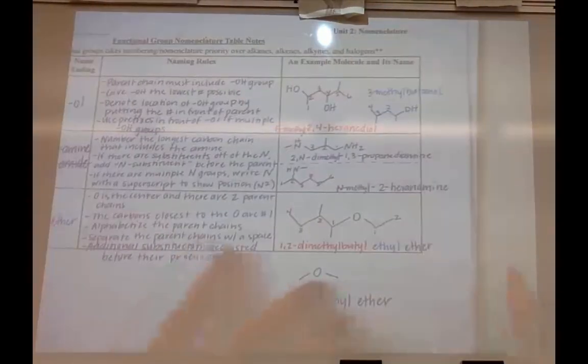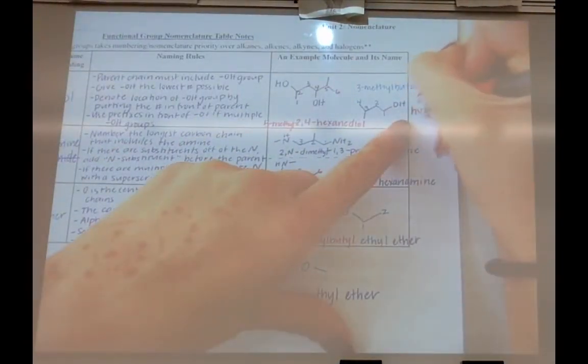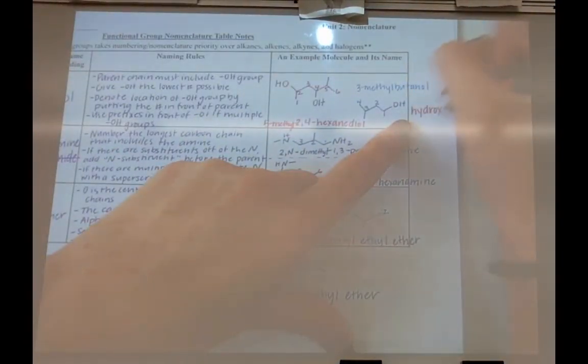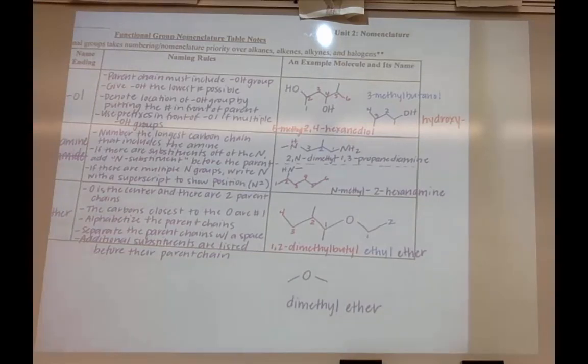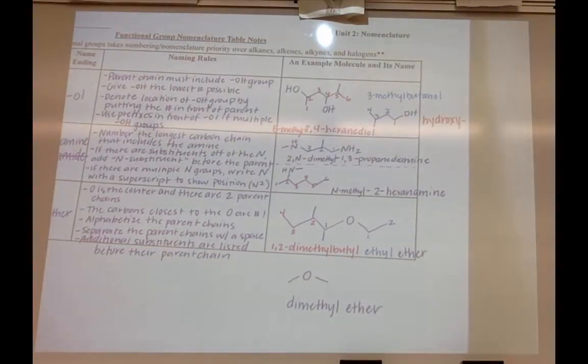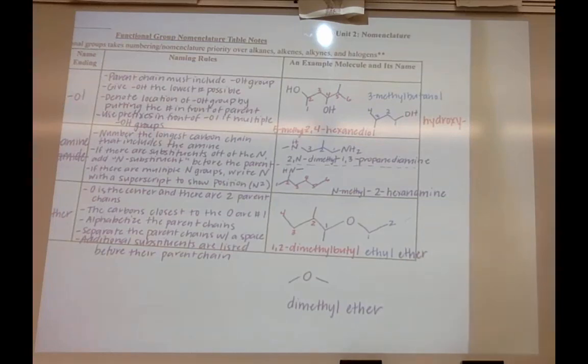Alcohols we sometimes see. As a substituent, an alcohol is actually a hydroxy or hydroxyl group. Sometimes you see it as hydroxy, sometimes people add the L, just so you recognize that you might see both of them.